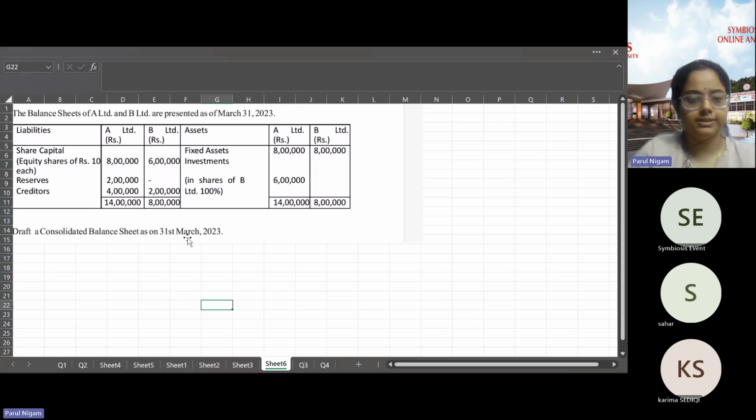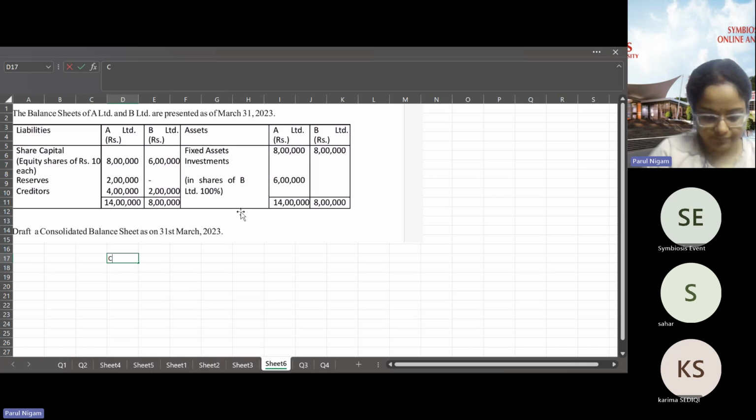So how will you do that? Let's draw a consolidated balance sheet. Consolidated balance sheet of AB Limited.